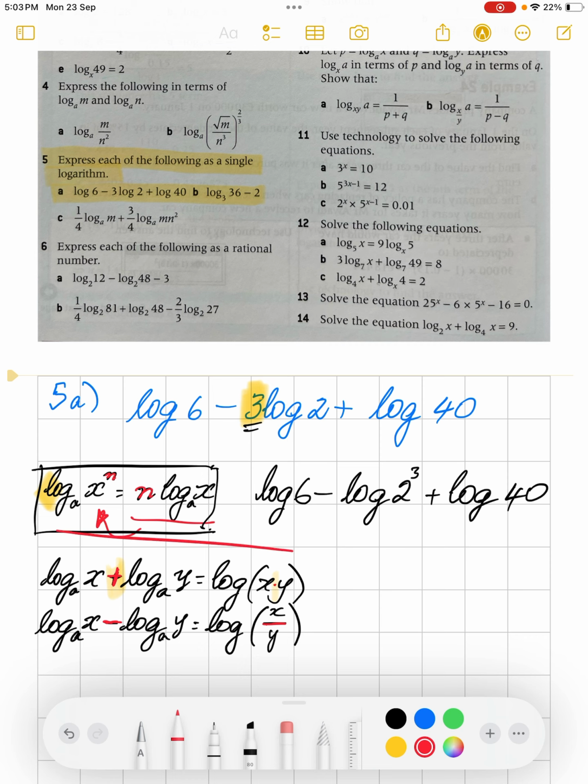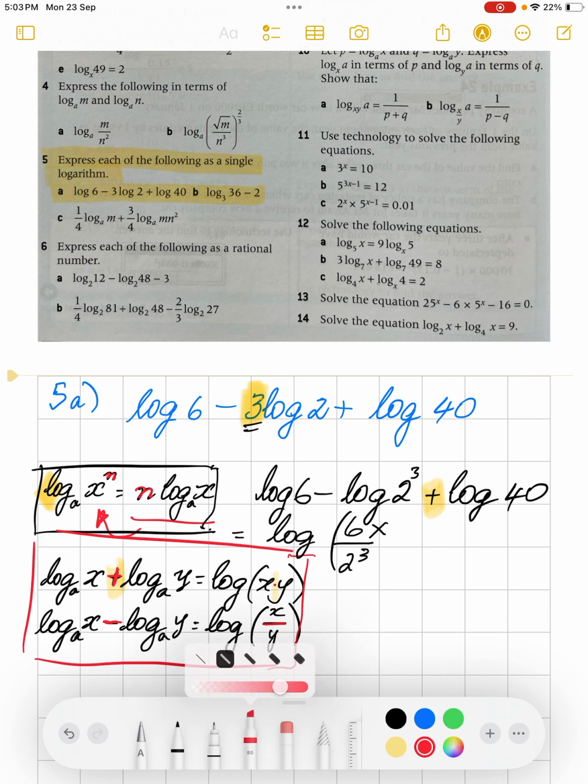We'll use those 2 properties in the next line, and this minus will become log of 6 over 2 cubed, and that's 8, and then multiply by, and here is the plus, so this is going to be a multiply.